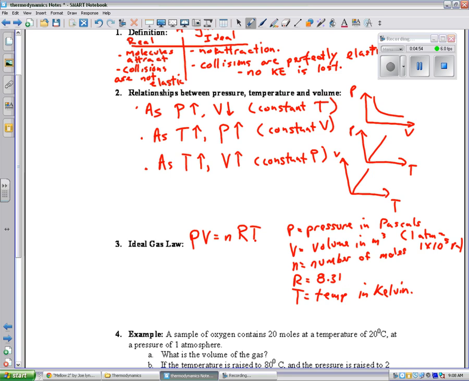Remember, Kelvin equals Celsius temperature plus 273. Now, if n is constant, you could rewrite this as P1 V1 over T1 equals P2 V2 over T2. Sometimes this is a little bit quicker.